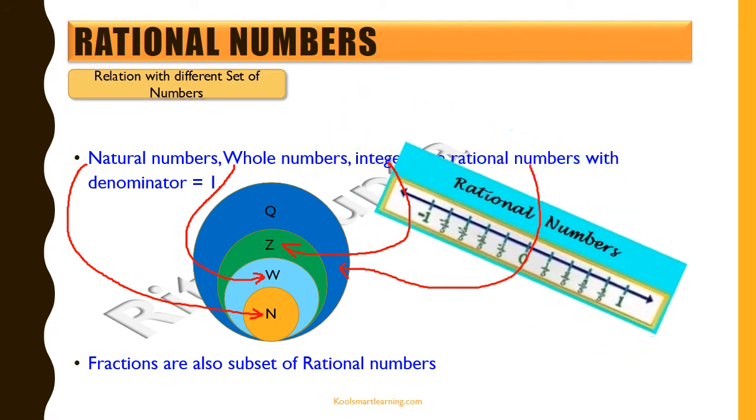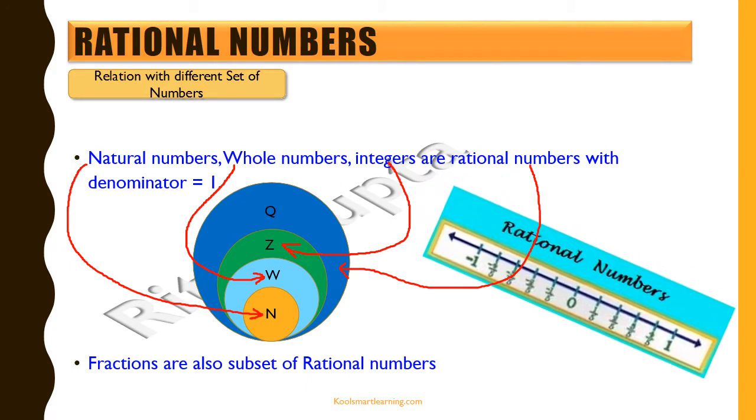On the number line, the right hand side from 0 represents the fractions, but the whole number line, all of these numbers represented on it, are rational numbers. So we can say that rational numbers are a superset of the fractions.